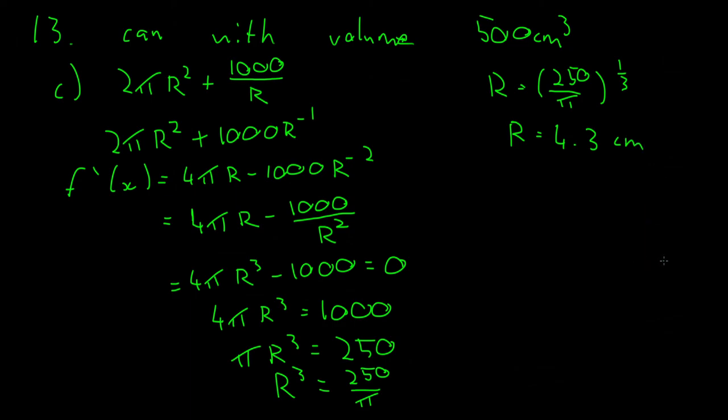Okay, so now that we know that that works, we just have to solve the height. And as I keep repeating, height equals 500 divided by pi r squared, which means height equals 500 divided by pi times 4.3 squared.